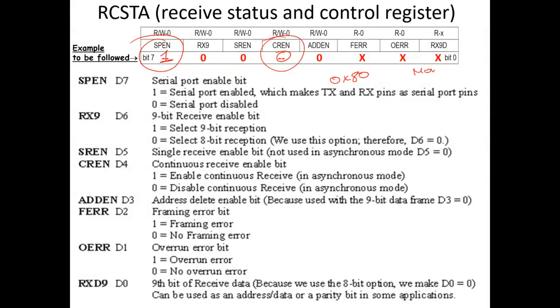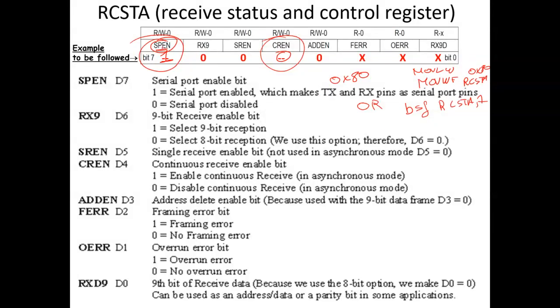So we can use MOVLW 0x80, MOVWF RCSTA, or we can just enable this bit by using BSF. So here we have the RC status, comma, this bit which is bit number 7.